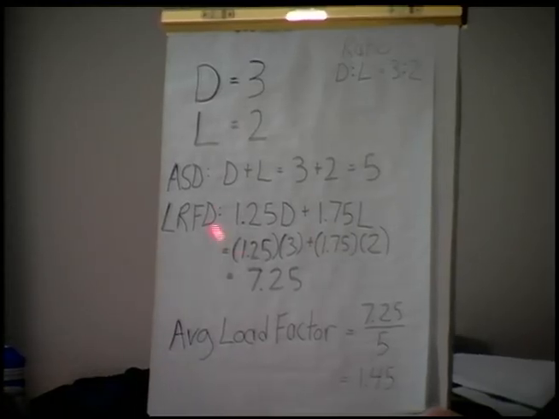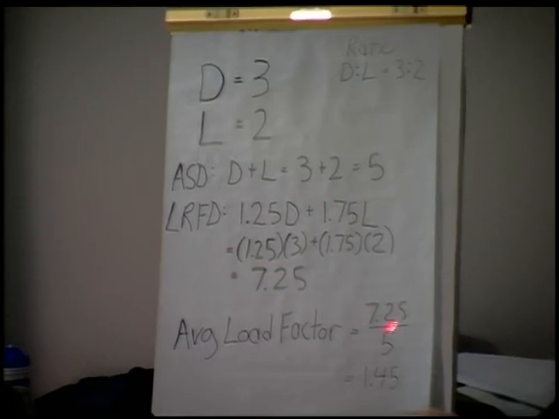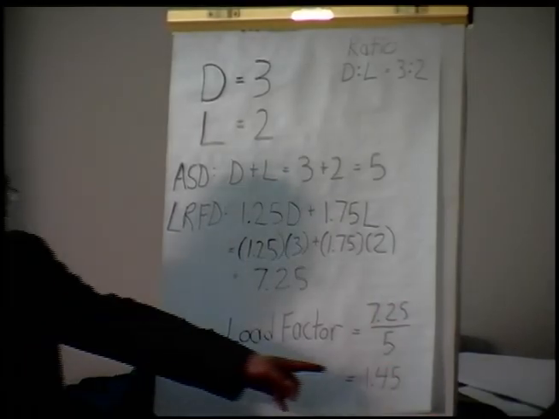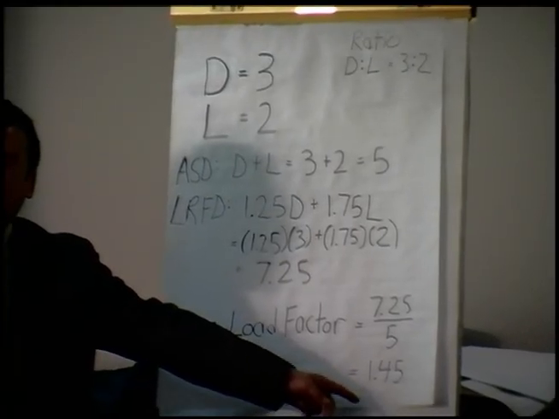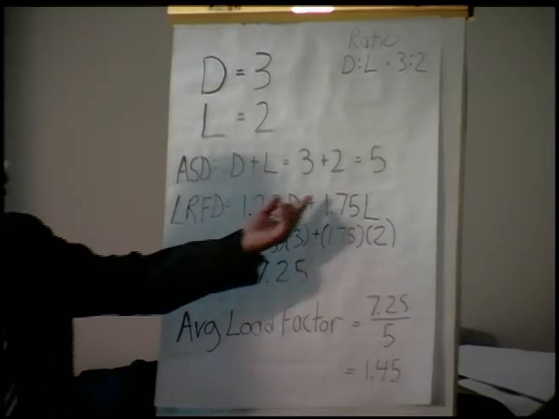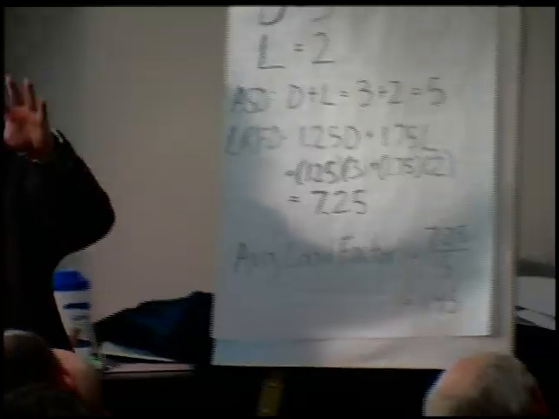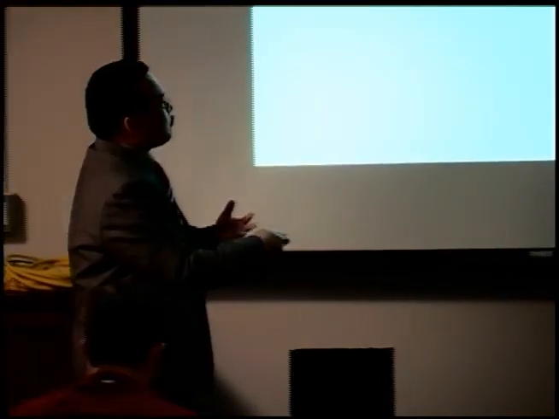So you take the calculation, which is 7.25, and for the average load factor, you take the ratio of 7.25 divided by 5, and that gives you the average load factor of 1.45. Right? For simplicity, because you have 1.25 and 1.75, what I'm saying is that 1.45 is multiplied to the total load, dead load and live load. Okay, that's where the number 1.45 comes from.